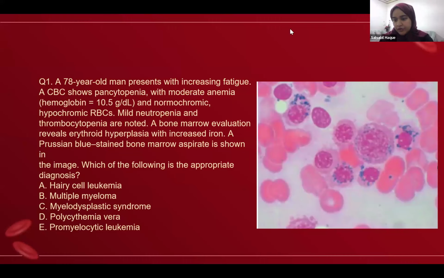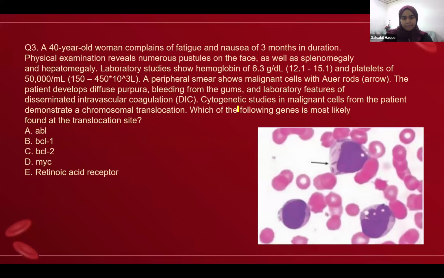This is iron ring sideroblast. As you can see, when we put this Prussian blue stain, you can see iron ring sideroblasts. Okay, this is classic for myelodysplastic syndrome. Okay, next question.